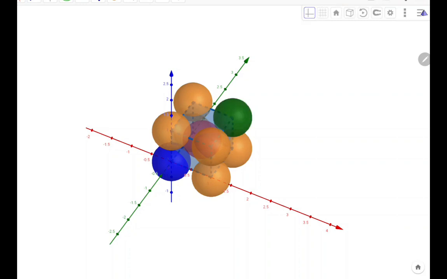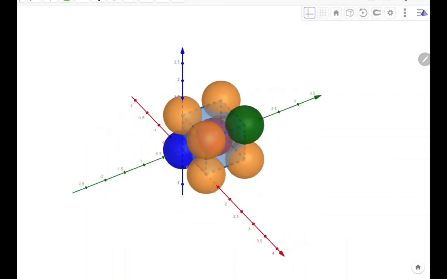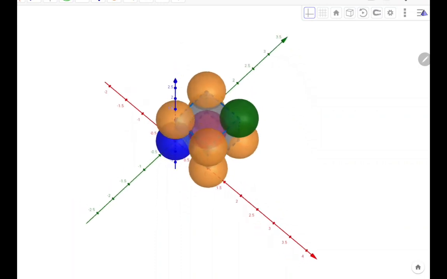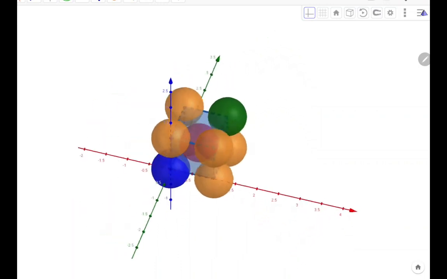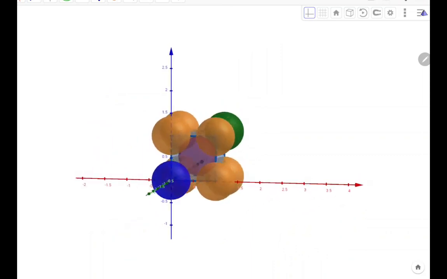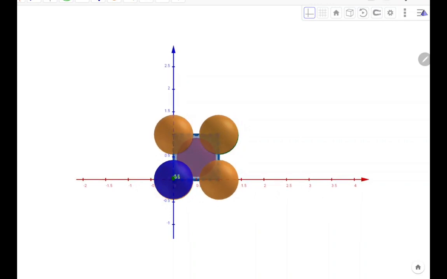Now again, this atom is not in contact with this one, so there is no direct relation between r and a using this one here, not even this one or this one or this one. But the green atom is in contact with the red atom, and it's in contact with the blue one, and the green, red and blue lie along the diagonal of the cube.